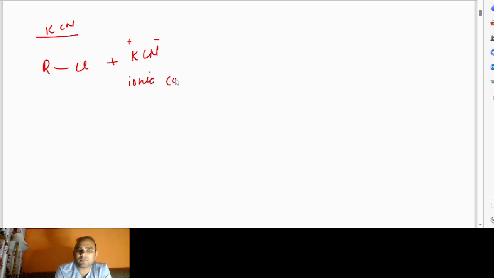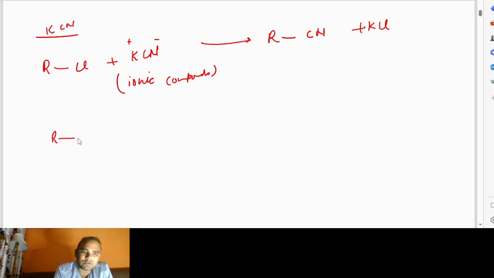Now see, RCl and you are treating it with silver acetate, RCOOAg, right? This is silver acetate. What compound is going to form? It is going to give esters.